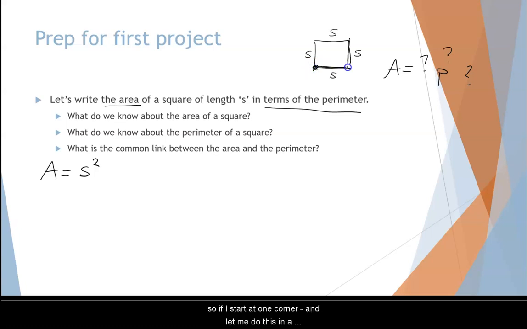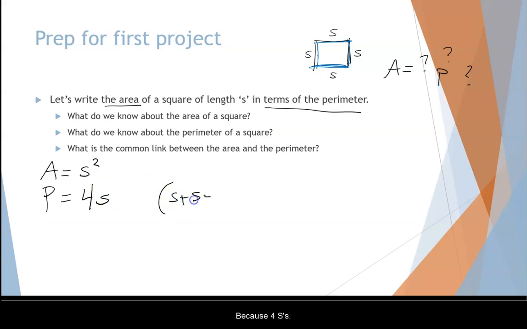So if I start at one corner, and let me do this in a different color, if we go that side, that side, that side, that side, what we've done is add all of the sides together. So the perimeter is 4 times the side length, because 4 S's equal 4S.